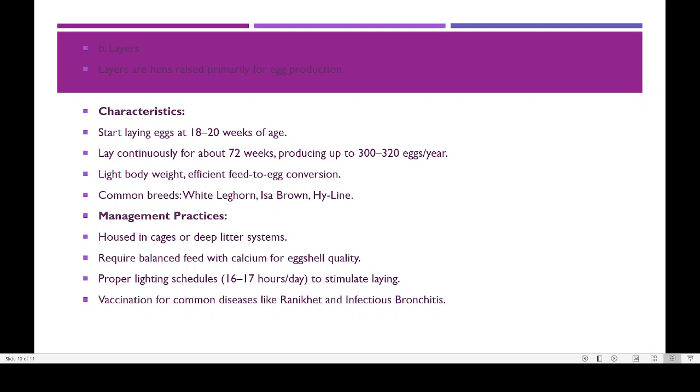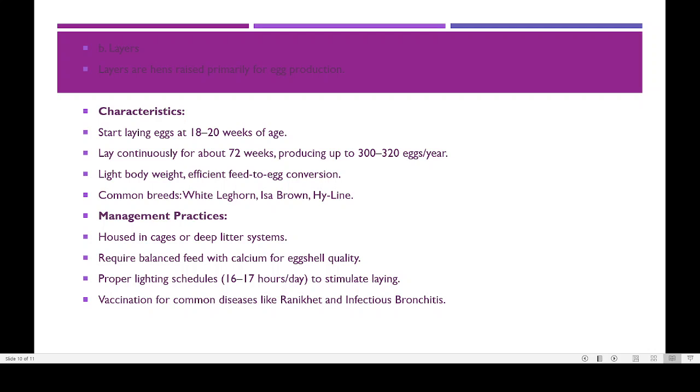Procure balanced feed. For example, if we are rearing egg laying breeds, we have to give them food rich in calcium, because the shell of the egg is actually a calcium product. If chicken is not getting enough calcium, they may not be able to produce it in their body, and fewer eggs will be produced.